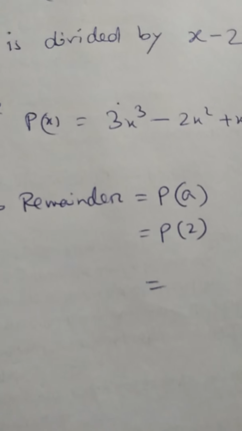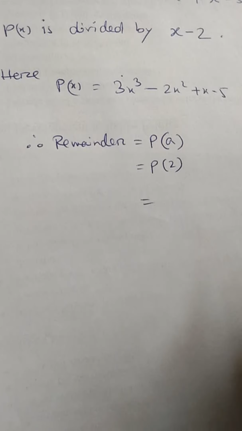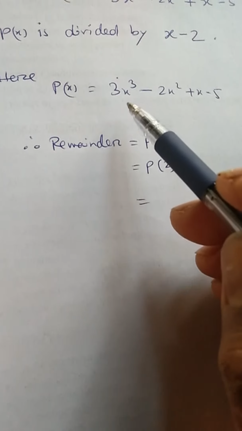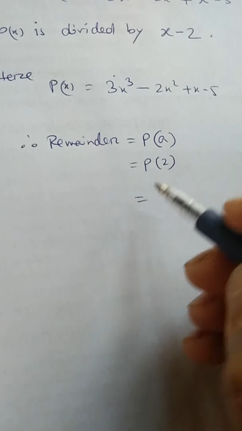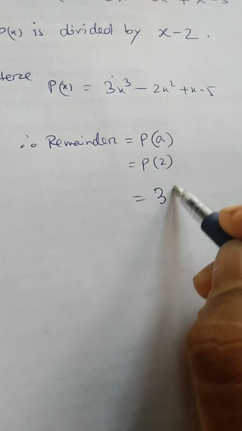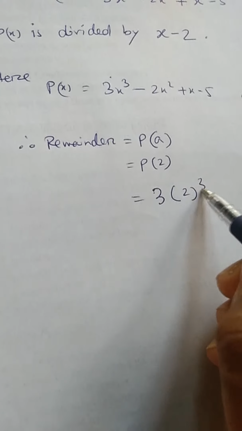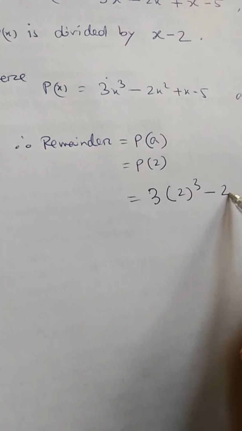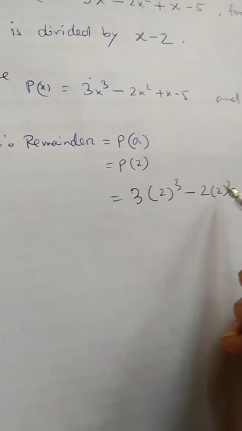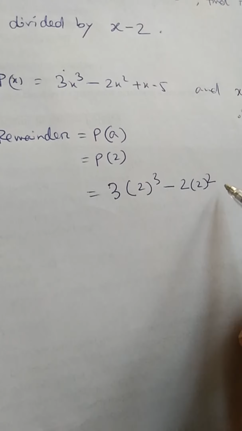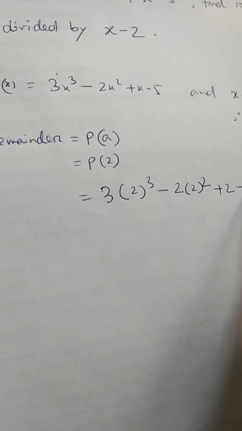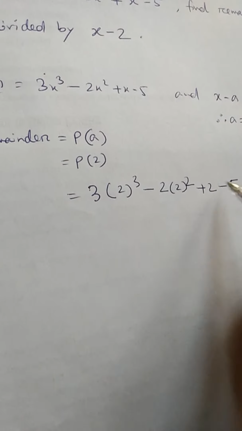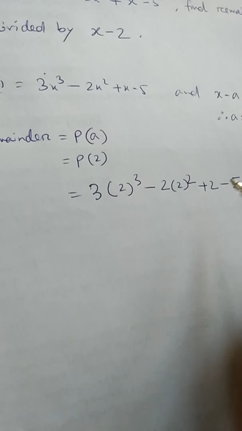So now let us see p(2), that means x will be replaced by 2 in this polynomial. So we'll write 3 into 2 cube minus 2 into 2 square, then plus 2 and minus 5.